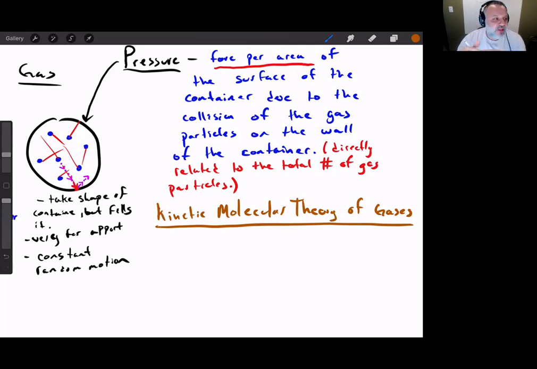Now, I'm bringing up the kinetic molecular theory of gases because this is a more formal definition of what a gas is. From the third section, chapter 3 in the book that we're using, it talks about matter, and then it develops these definitions of solids, liquids, and gases.